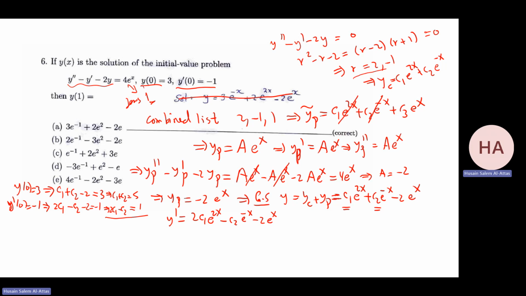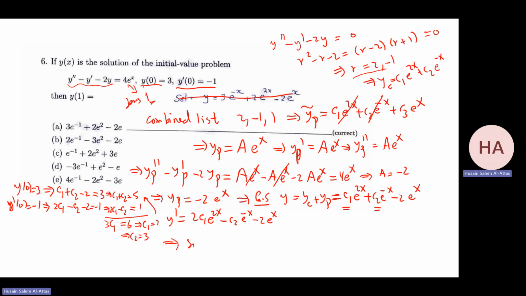Okay, that is okay. y at 0 equal 3 means c1 plus c2 minus 2 equals 3, so that would be 5. Yes, this is 3c1. Everything is okay. I'm just double checking it. That will be 6. So c1 equals 2. Plug it here. I'm getting c2 equals 3.